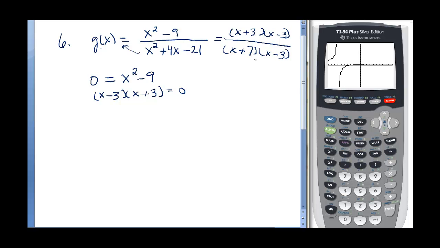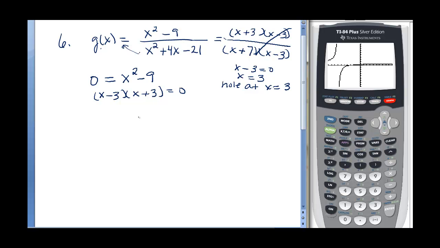So since I have x minus 3 both in the numerator and the denominator, I actually do have a hole in the graph. And I set that x minus 3 equal to 0, and I solve for that and get 3. So I determine there's a hole in the graph at x equals 3.